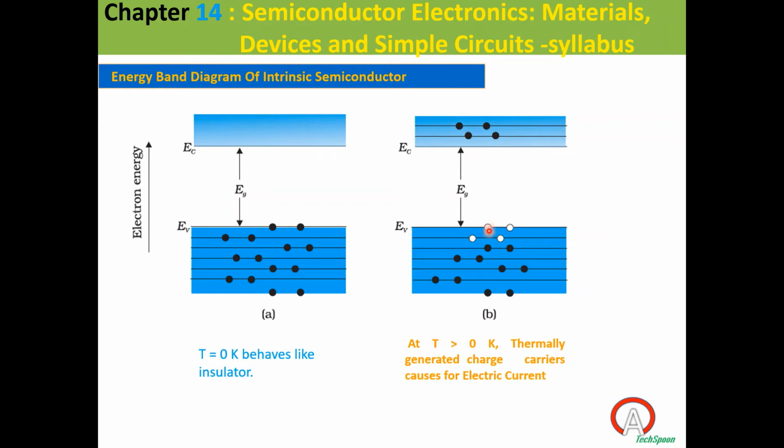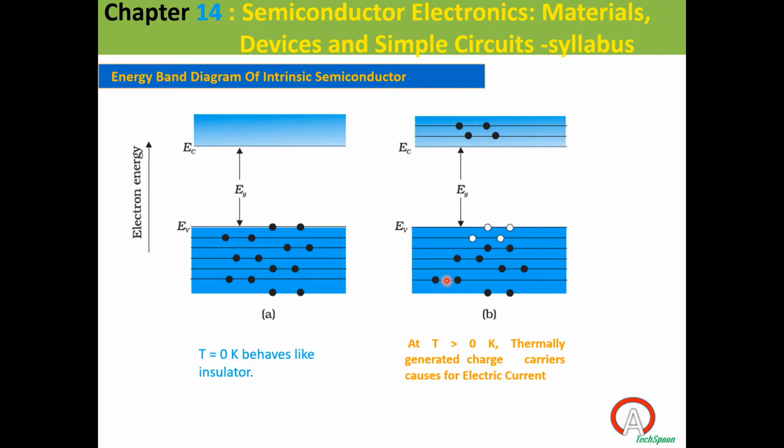This electron will get energy and move to the conduction band. So some of the electrons from this silicon crystal or germanium crystal, which has n number of atoms, are thermally excited and move to the conduction band, and this causes conduction, electric current.